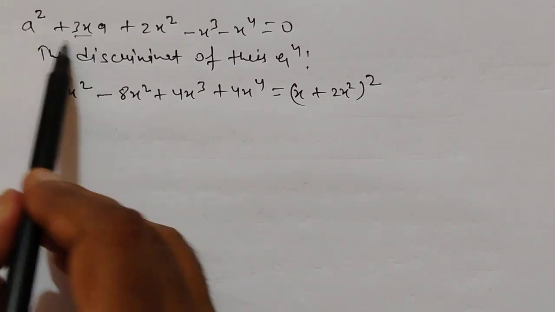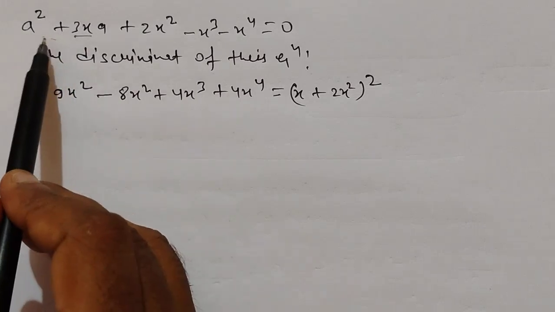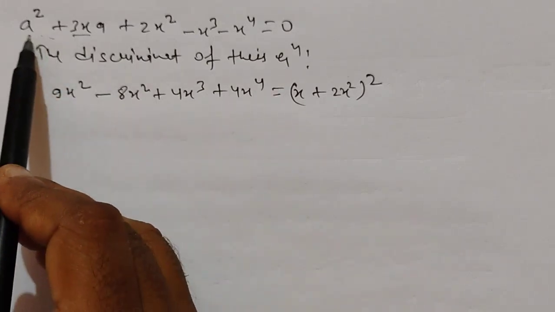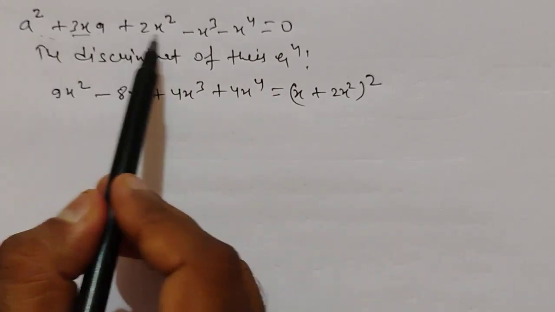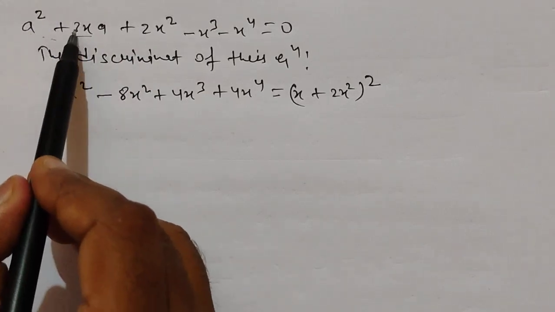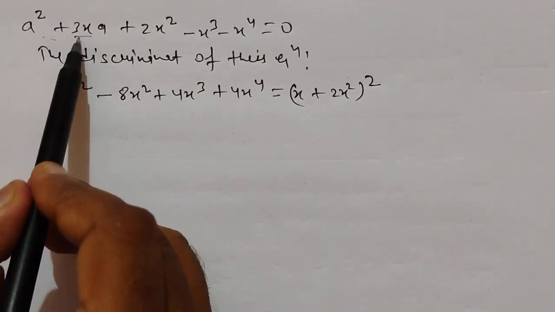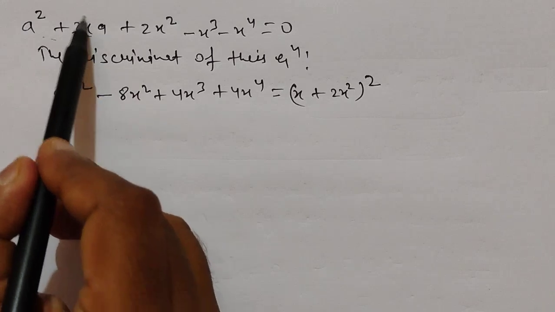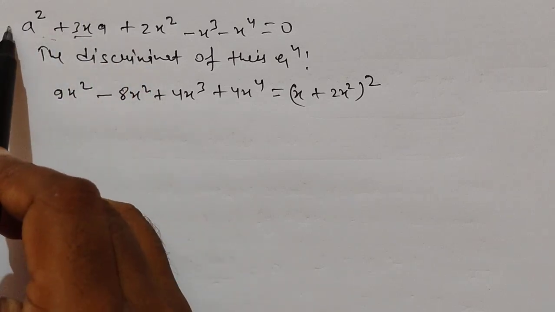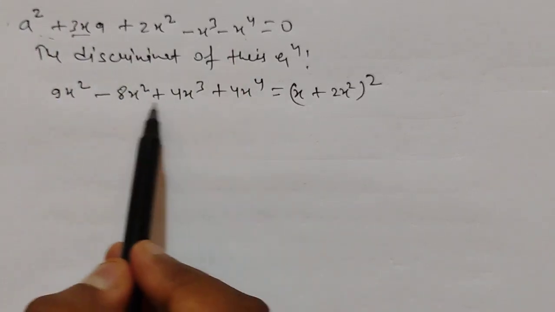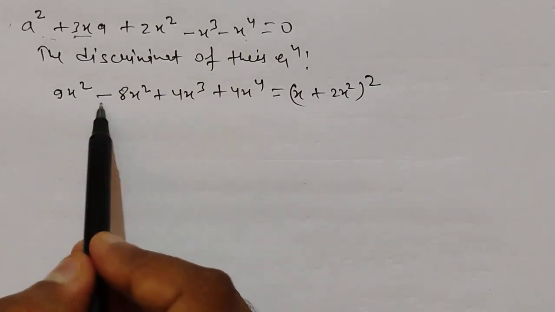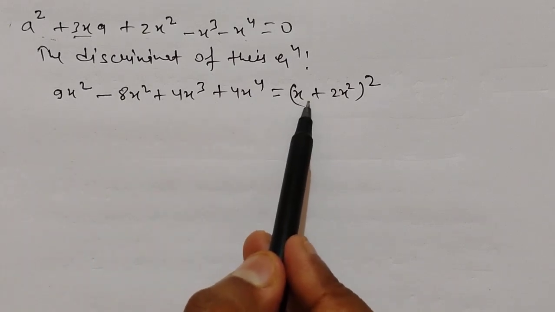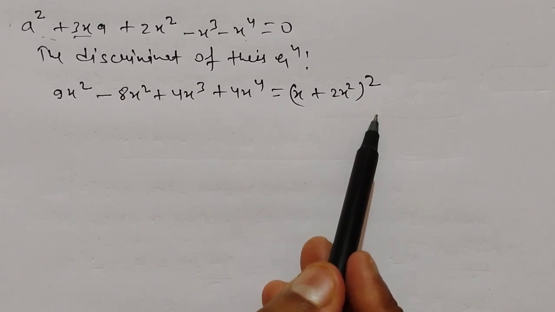We are just considering this equation in terms of a, so this equation is quadratic in a, so the discriminant b square minus 4ac, here b square minus 4 into 1 into c, is in the form of a complete square. So now we can write this in the form of x plus 2x square whole square.